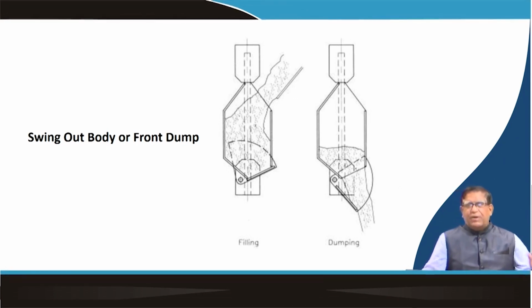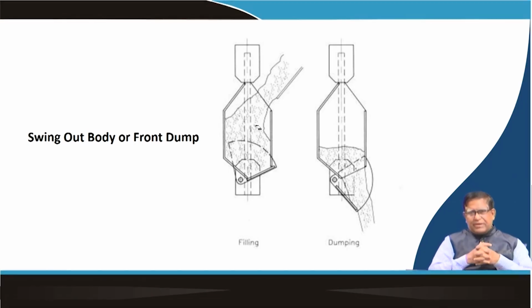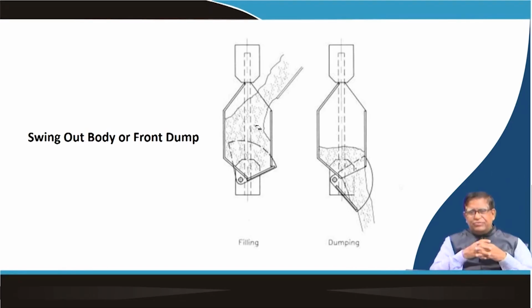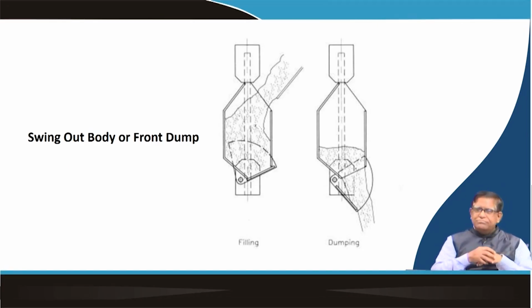Now, can you notice one thing here? When you use the skip, you are lifting the material only, but when you are using the cage, all the time you are carrying the mine car inside the cage to the top.